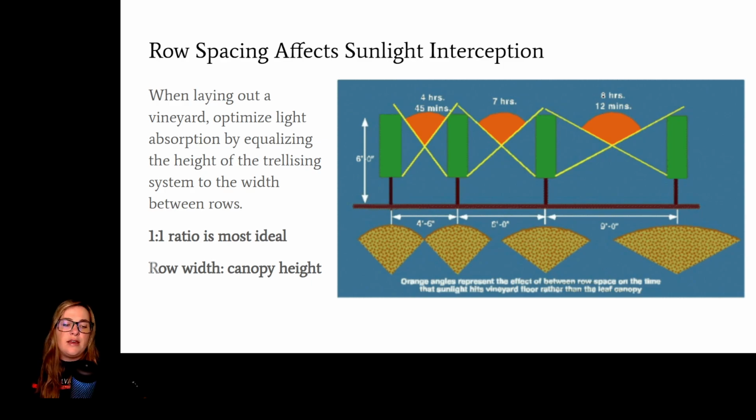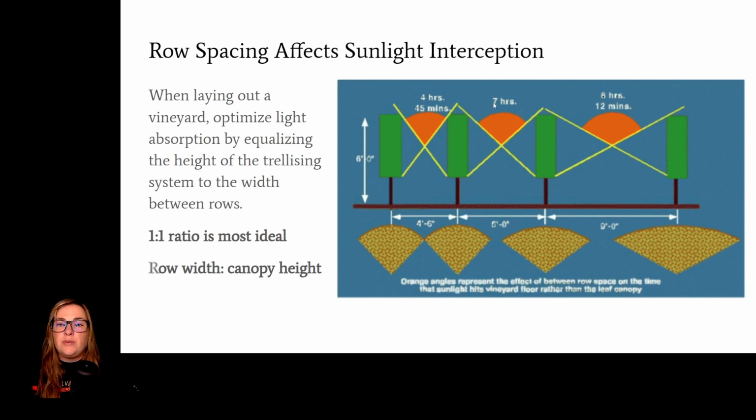However, the most ideal planting situation is a 1-to-1 ratio of the height of your vines to the width of your rows, because that is what maximizes the sun interception as the sun goes throughout the day, right? So as you can see in these photos, this grapevine is 6 feet tall, 6 feet 0 inches, and a 4 to 6 foot spacing only will give you about 4 hours and 45 minutes of sun time, right?